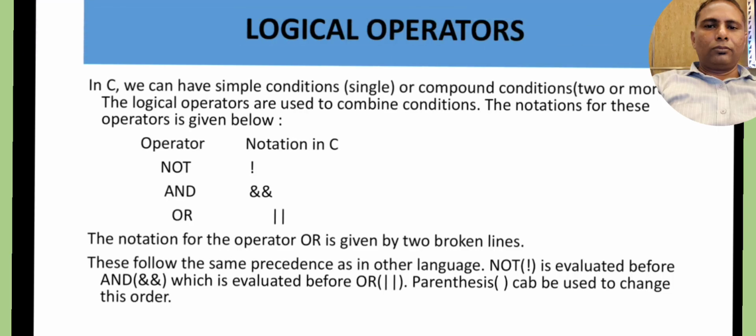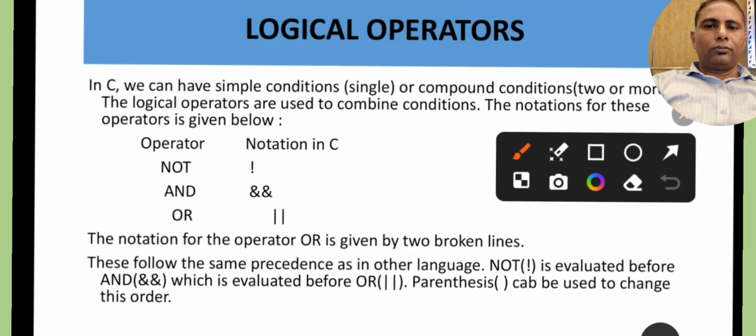Now, another operator is the logical operator. Logical operators mean we can check different conditions, or more than two conditions, in the C language. There are different notations for the different operators: we have the not operator notation, we have the and operator, for which we use the double and symbol, and we have the or operator, which has its own notation.